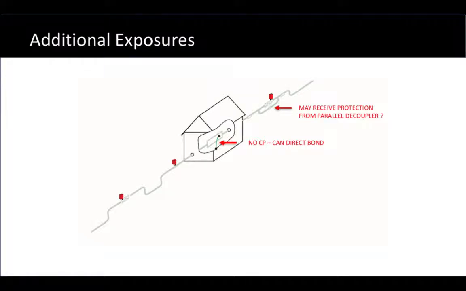Now let's look at the insulated joint that's in the upper right. It is possible that that insulated joint could receive overvoltage protection from the parallel decoupler up above. In some cases it can, in other cases it can't, and that relates to how long of a conduction path we have and what its inductance is, an electrical property called inductance.